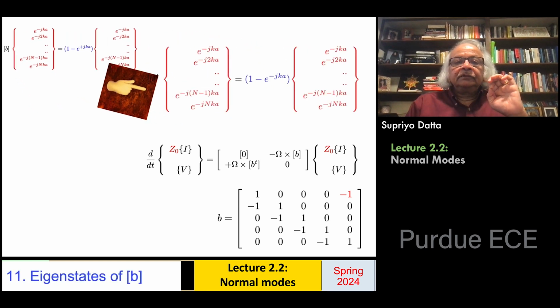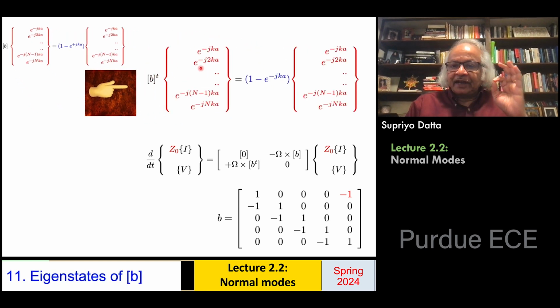Now, if you take B transpose acting on this, you'll get a similar result. This is also an eigenvector of B transpose. But instead of 1 minus e to the power plus jka, you have 1 minus e to the power minus jka. So these are the eigenvectors of B and B transpose.